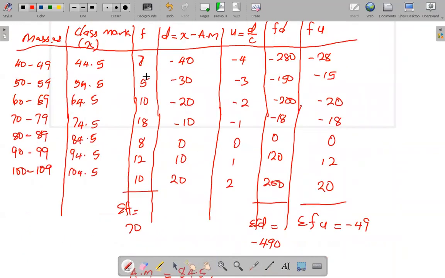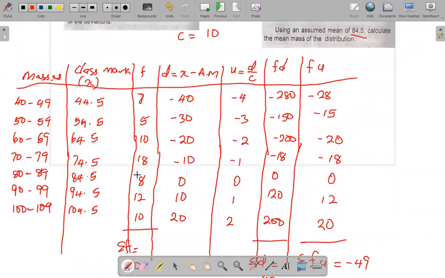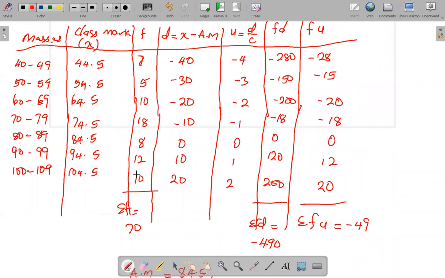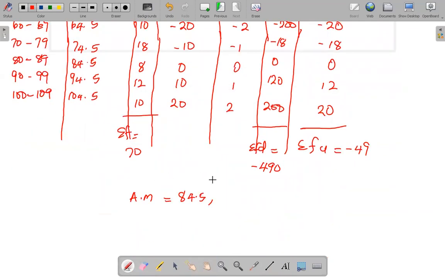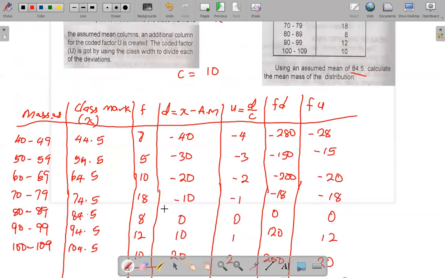So when we add up all this frequency, we have 70. Then the next thing we need to do now is the calculation using the assumed mean. So summation F is 70, summation FD is minus 490, then summation FU is minus 49.